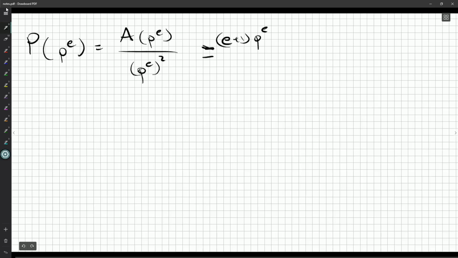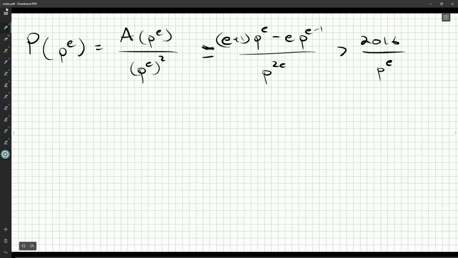So we'll say a of p to the e over p to the e squared, and this is equal to e plus 1 p to the e minus e p to the e minus 1 over p to the 2e, and I want this to be greater than 2016 p to the e.